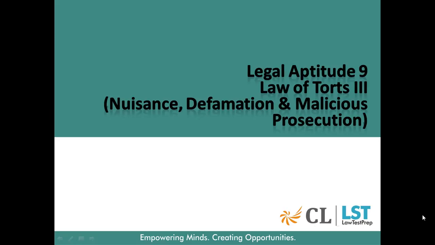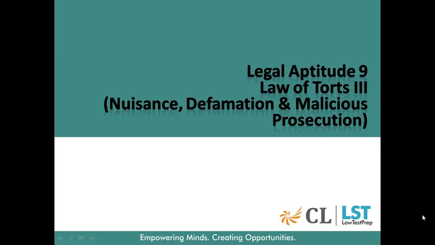So basically, any unreasonable interference with respect to the enjoyment of the property or health and safety of the property is basically a nuisance. So you have to prove three ingredients: unreasonable interference with respect to the enjoyment of the property resulting in either discomfort to the plaintiff or injury to the property itself.